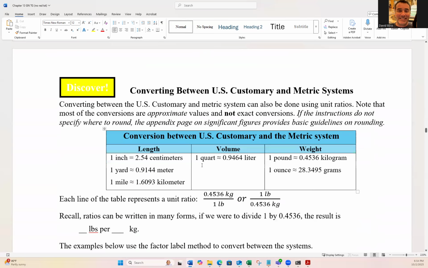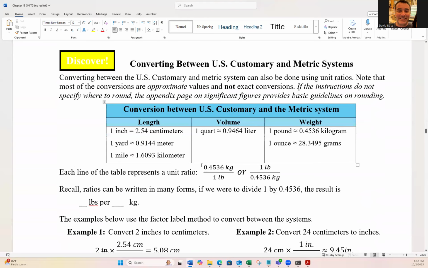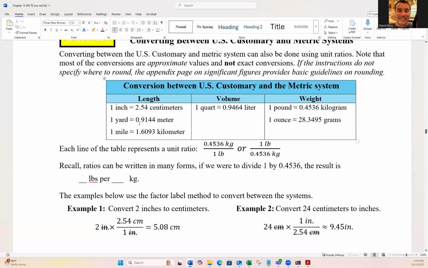Okay, let's move on. All right, converting between US and the metric system. So this gets a little trickier. Obviously, with the metric system, you can just move the decimal, but now we're back to doing the identity ratios again. Because 1 inch is 2.54 centimeters, 1 yard is 0.9144 meters, a mile is 1.6 kilometers.